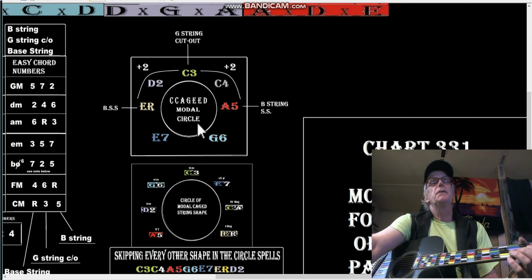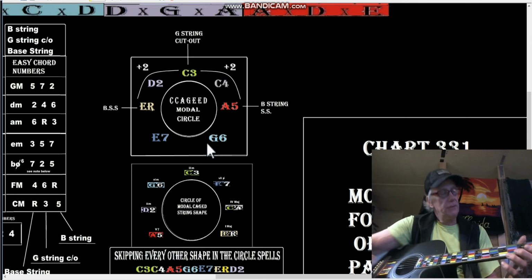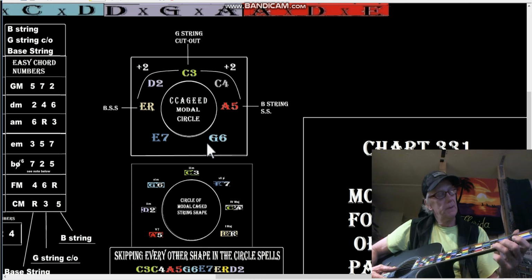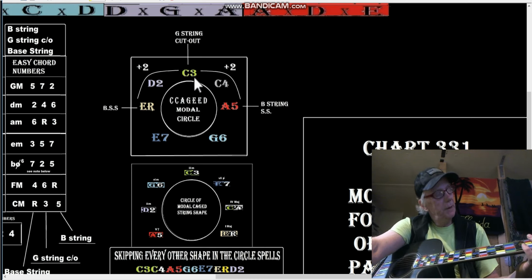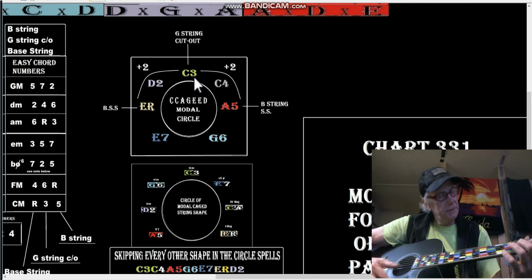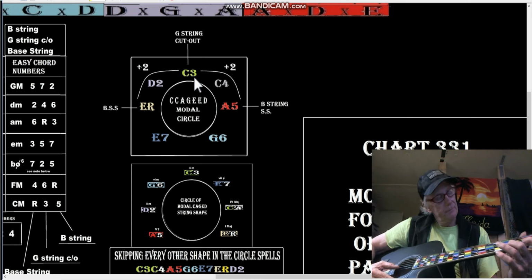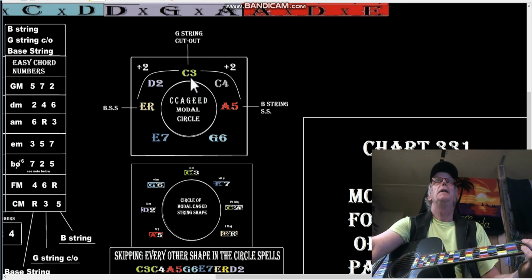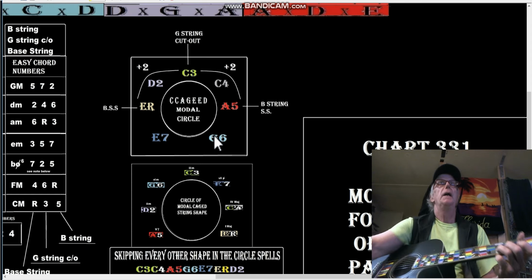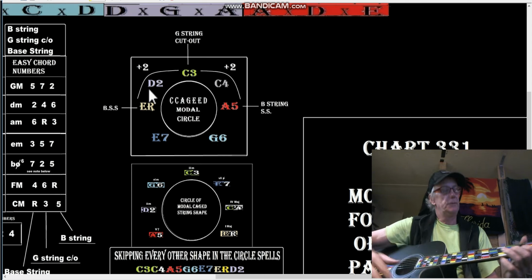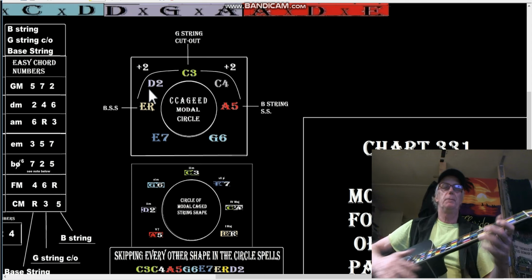And then after the C shape, we are going to the D shape, actually. I forgot where we were. C shape here, then we go to the D shape here. Okay, C shape, and then we're going to go to the G shape there. We just played it. And then G shape, we're going to skip 2 to the D shape. Got a little mixed up.